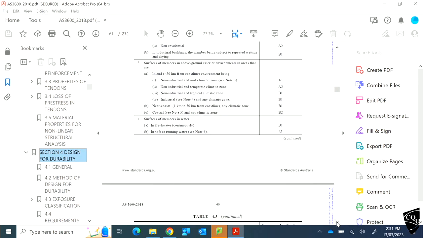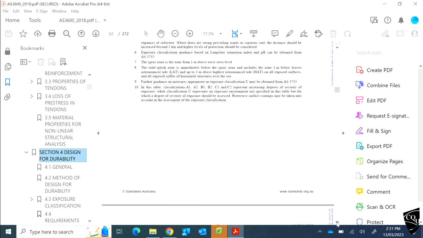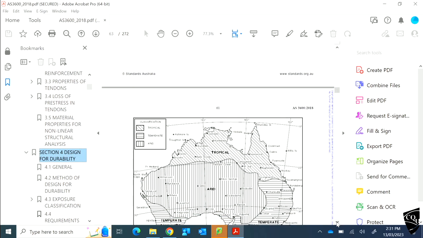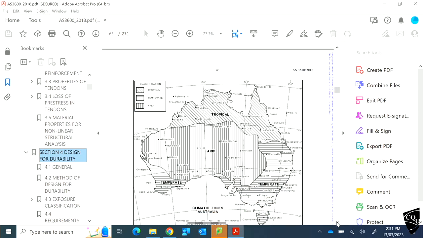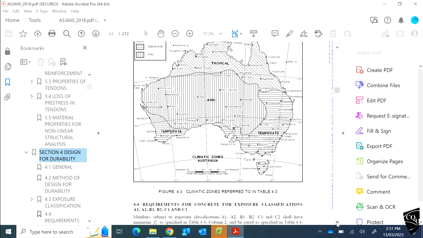The environmental things come under the classification of the exposure condition. In this one they also give the climate zone. They talk about tropical or temperate conditions.